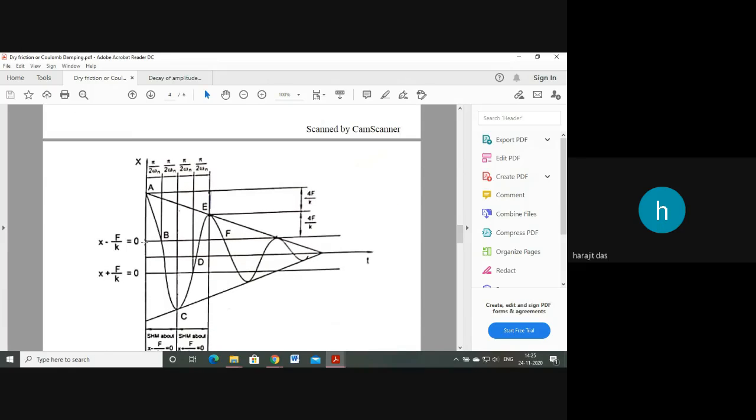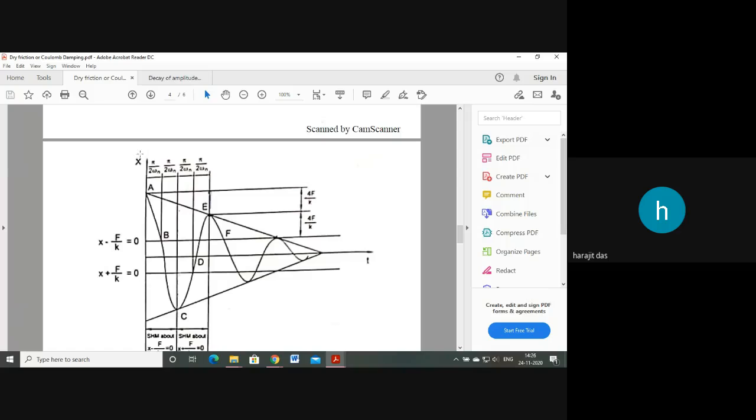Now if you want to draw the lines with respect to which the first quarter cycle and the last quarter cycle are simple harmonic motion, the first line will be x plus f by k. X equals 0 is the y axis, and here is x plus f by k. So this is the line x plus f by k.